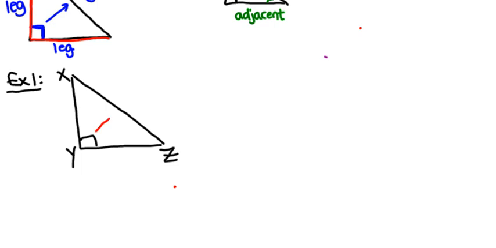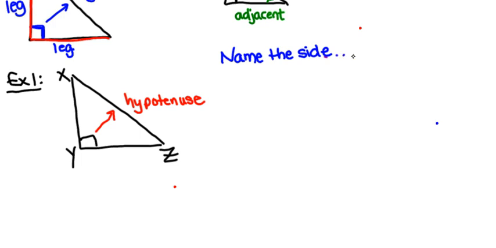And remember that I always start by labeling the hypotenuse first. And what I want to do now is name the side that is, first of all, opposite angle Z. So if I look at my picture, I have the smart board so I can erase if I need to.